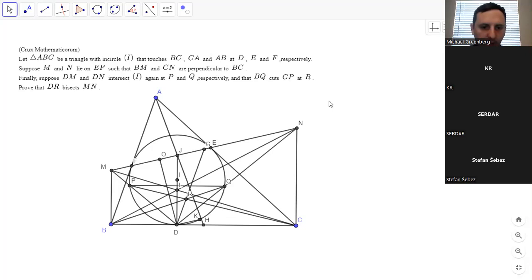So if we project onto the circle, we would have PQ, K, and then we would need one more point.